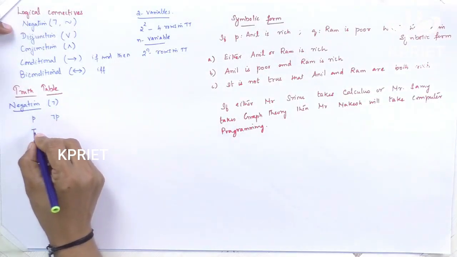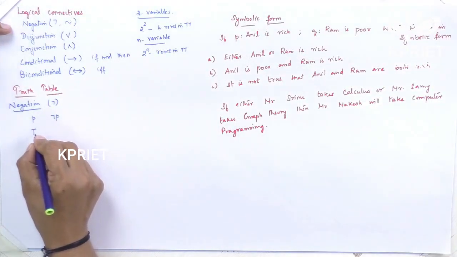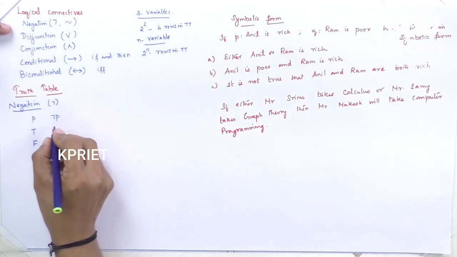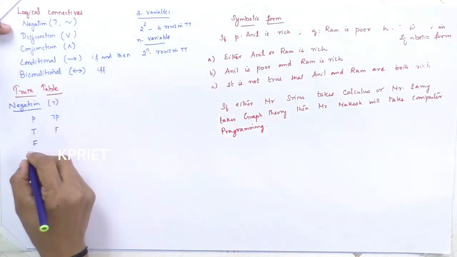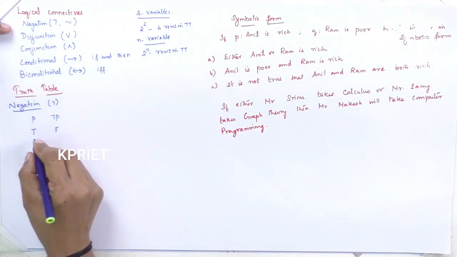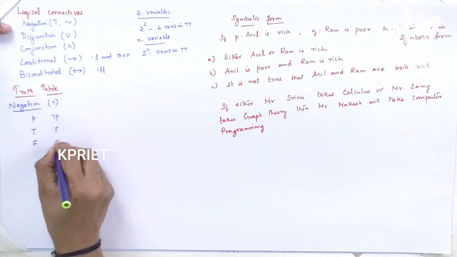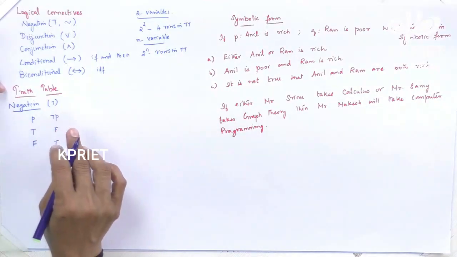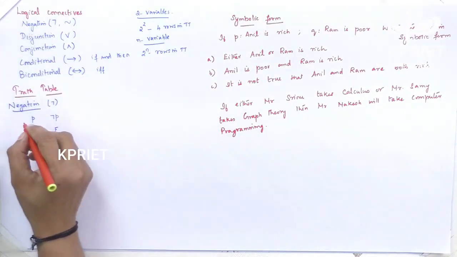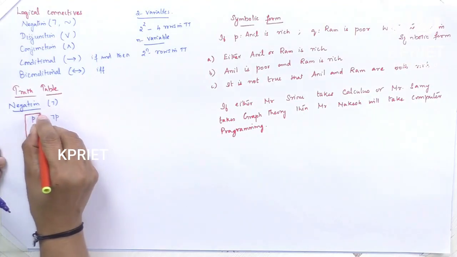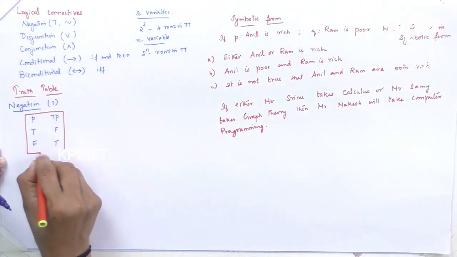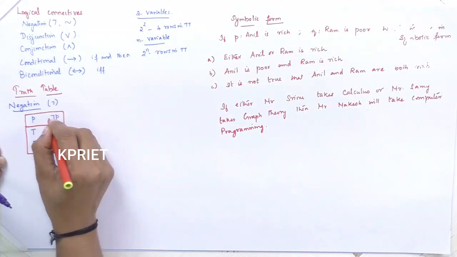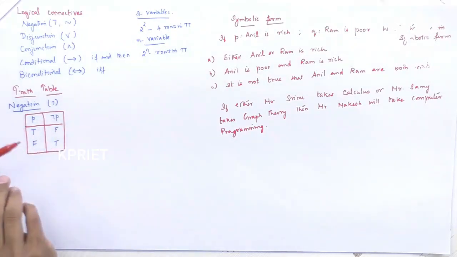If the statement p has a truth value T, then the truth value of not p will be F, and if p is false, then not p will be T. So this will be the construction of the truth table if we have negation as a connective. Understood? Everybody must be thorough with this construction of the truth table.